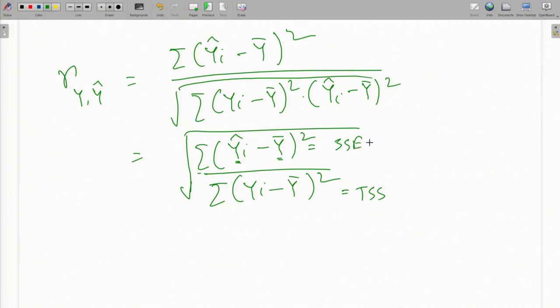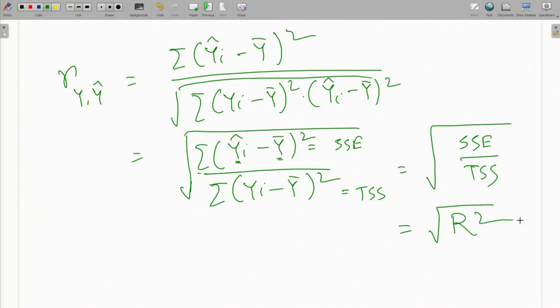Okay, so SSE by TSS, which is my r square. So, what I get is that the correlation coefficient between y and y hat is nothing but the r square, or I can write r square y hat is equal to capital R square.